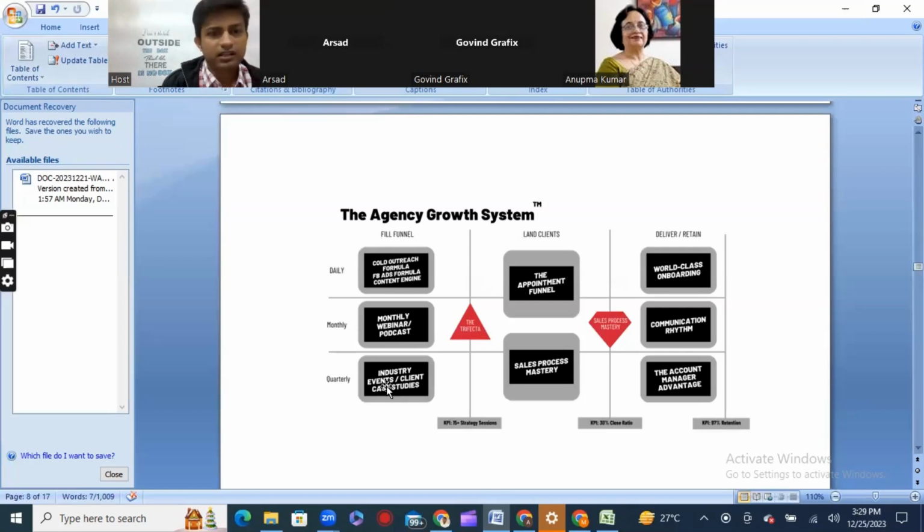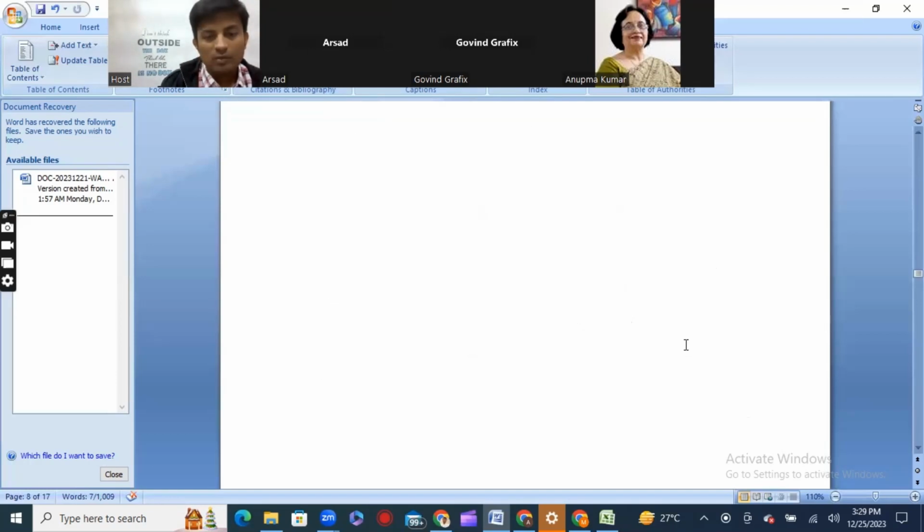Quarterly, you share the results of your clients who have got results. By following this, you then have to land the client, set up the funnels and sales process mastery, and then deliver the result. This is the model of agency growth.